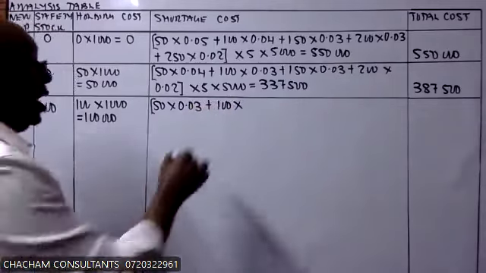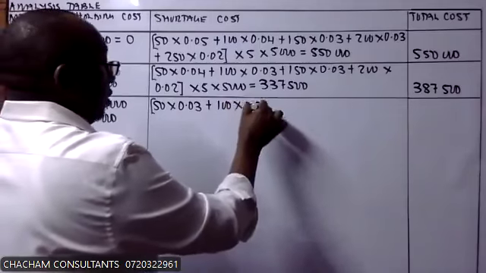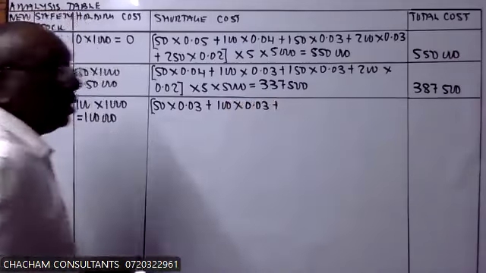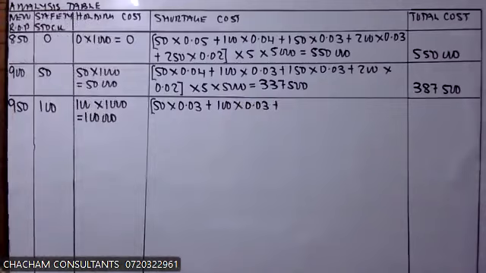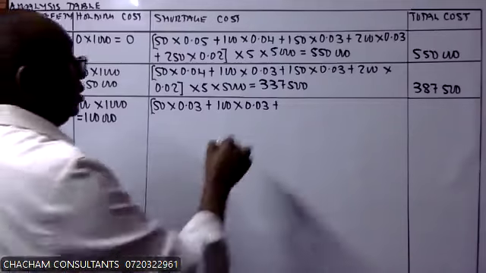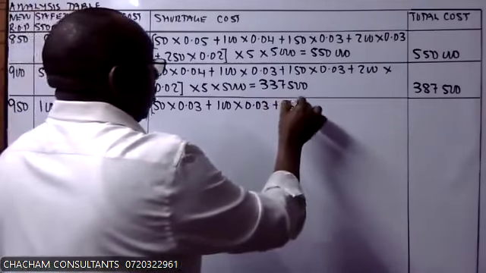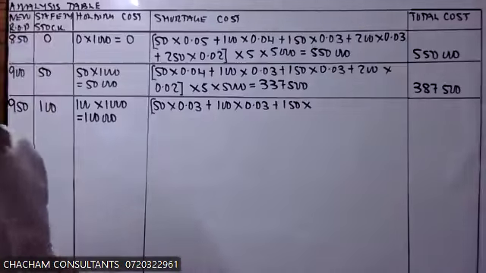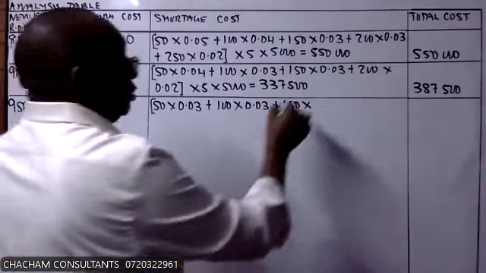And the probability there is 0.03. If you go beyond that, you stop at 1100, where you report a shortage of 150, and the probability is 0.02.